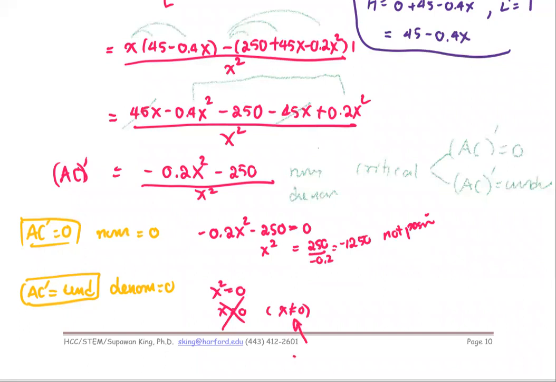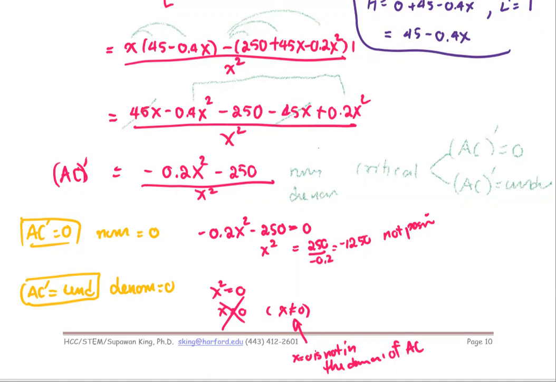We can say that x equals zero is not in the domain of the average cost function, not the cost function. Think about the practical way: the average cost is from dividing the total cost by x. The x has to be a non-zero number, otherwise you have nothing to divide.